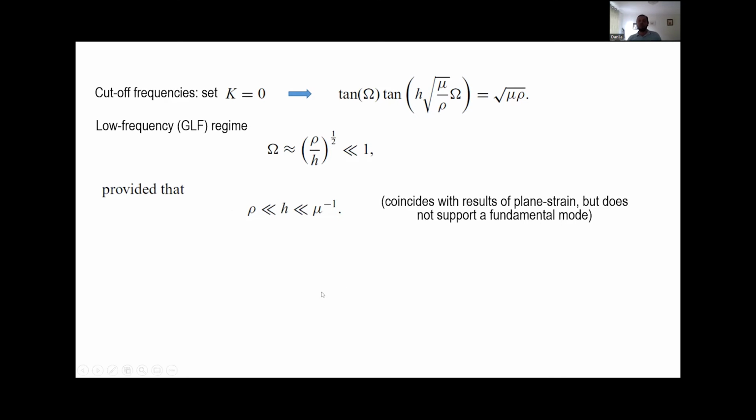So this condition would also coincide with the results of the brainstem problem that we'll be considering tomorrow. But the difference is that it does not support a fundamental mode. So in the graphs of the dispersion diagram that I'll be showing very shortly, we would not observe a fundamental mode. So this is a graph of a typical dispersion diagram when we have no contrast, roughly speaking.